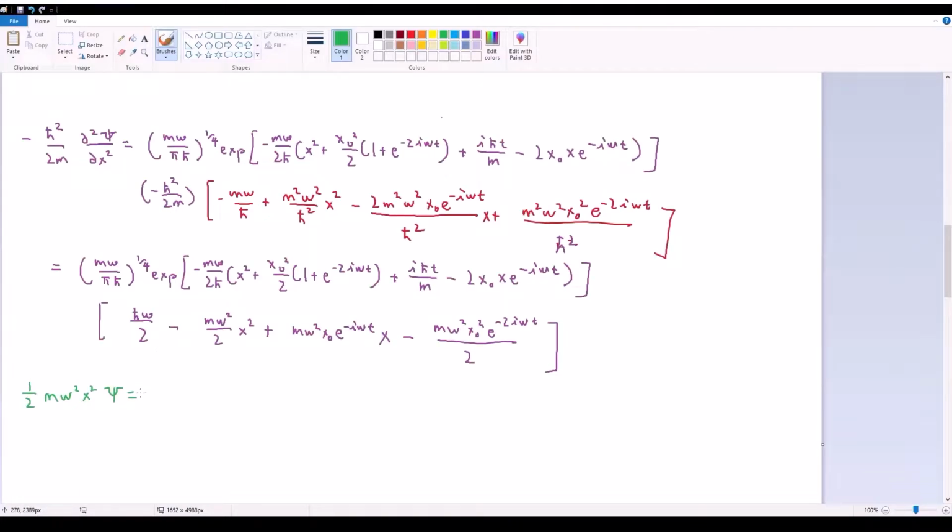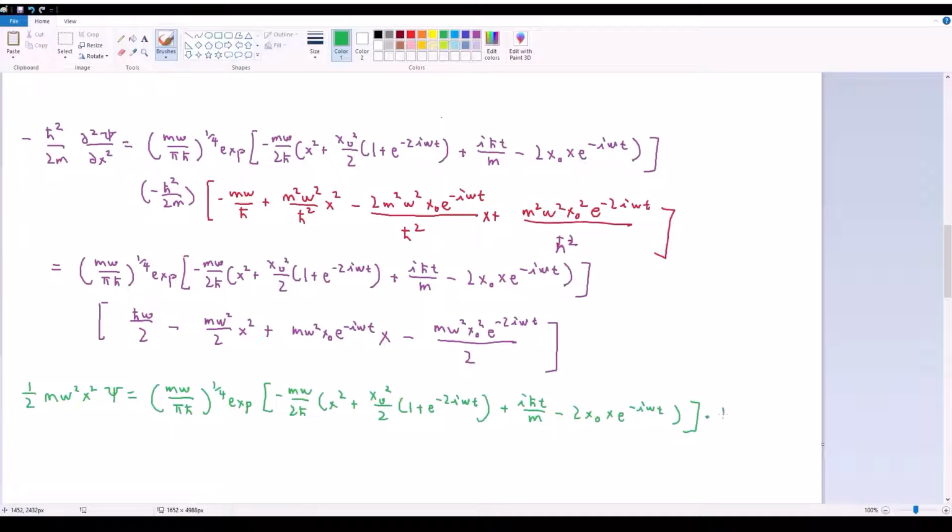So (m omega over pi h bar) to the power of 1/4 exp negative m omega over 2h bar times (x squared plus x naught squared over 2, 1 plus e to the negative 2i omega t, plus i h bar t over m, minus 2 x naught times x e to the negative i omega t). And then we're just multiplying by 1/2 m omega squared x squared.